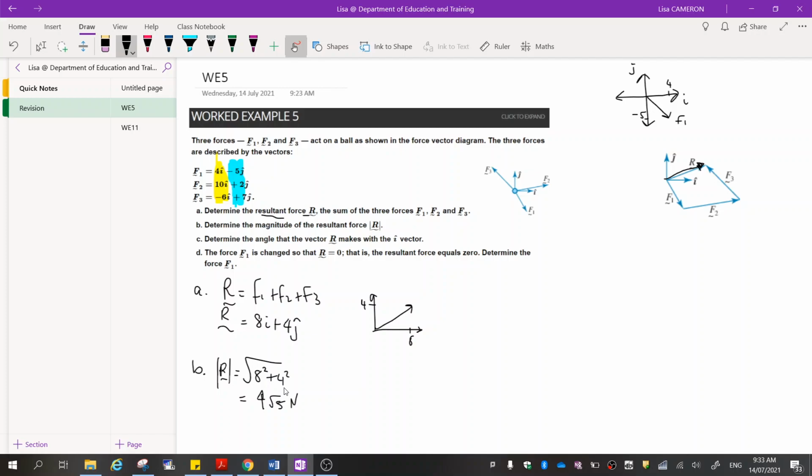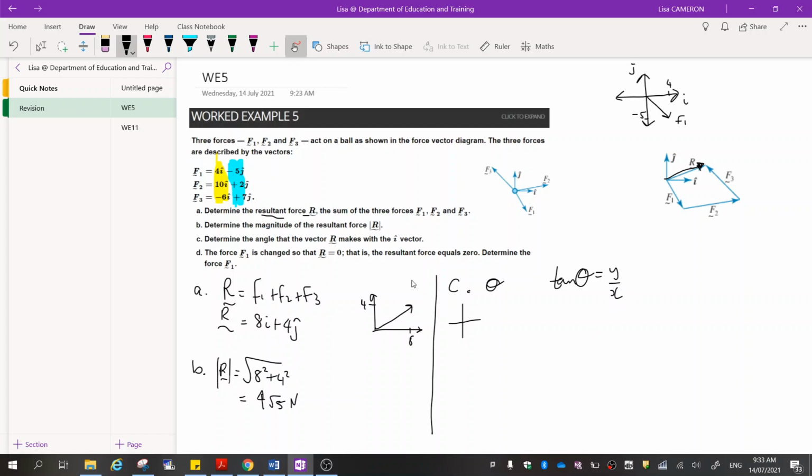Now we're going to determine the angle that it makes. So theta, the angle. Okay, so in order to calculate the angle, I'm going to use what I know from vectors originally, or you can think about it in terms of what we know about calculating arguments for things as well. So this is the formula that I normally use, tan theta equals y over x.